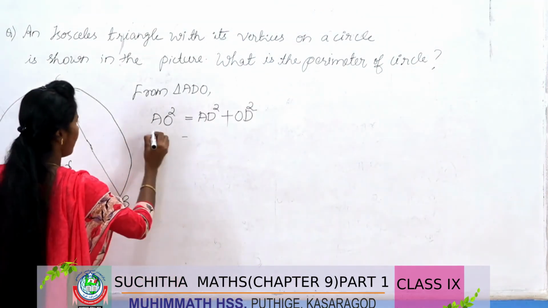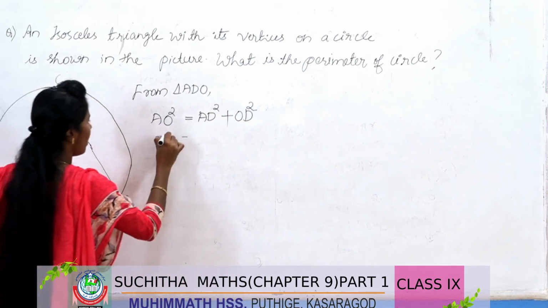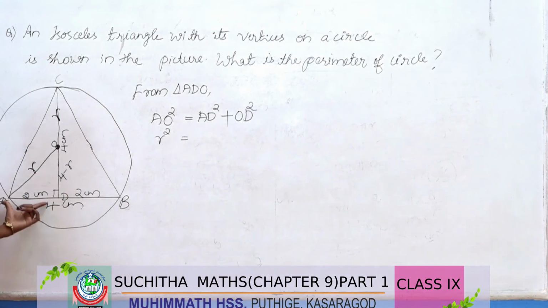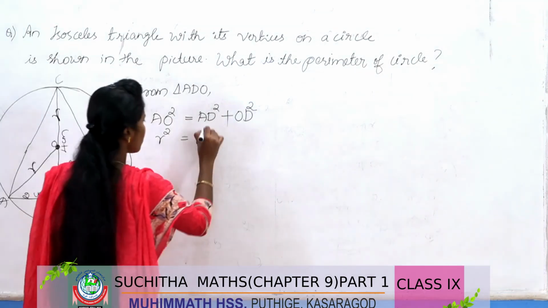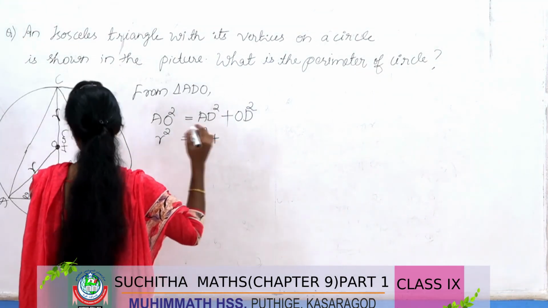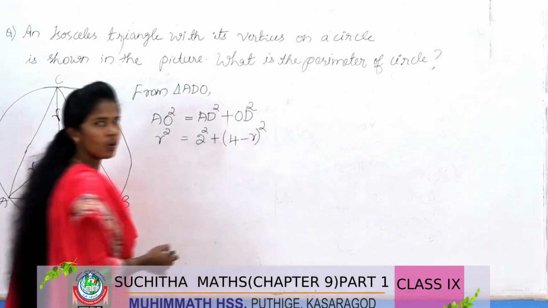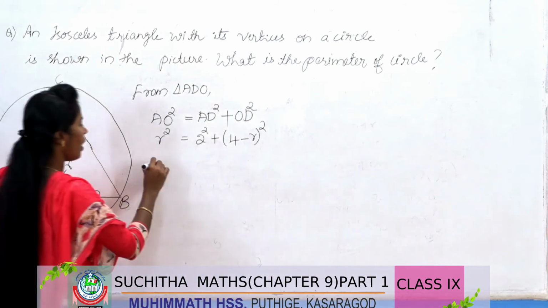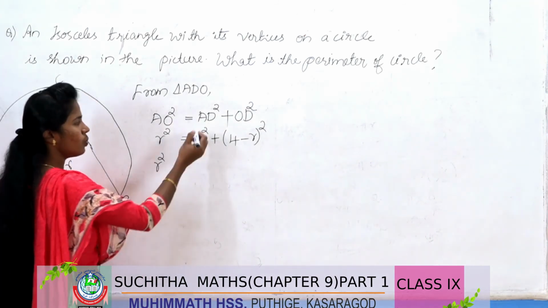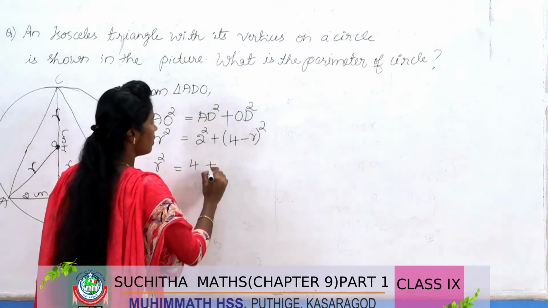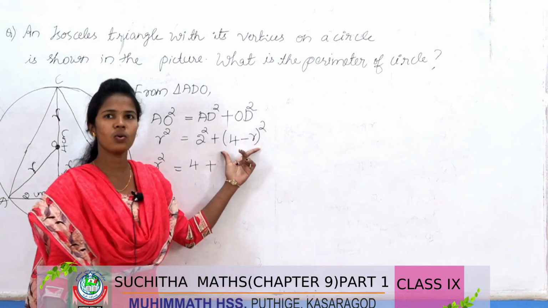That is, AO is R, so R square equals AD length 2 square plus OD length 4 minus R, that is 4 minus R whole square. R square equals 2 square, which is 2 into 2, that is 4, plus 4 minus R whole square.